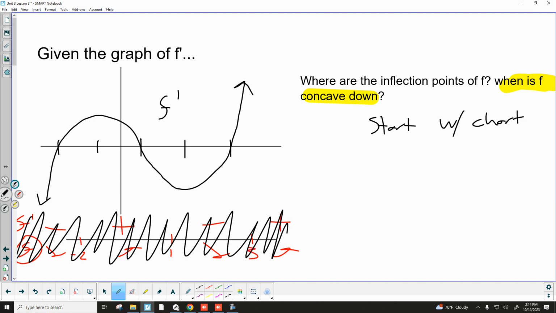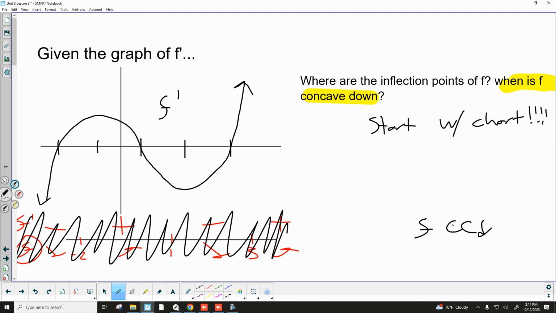That means f slopes are decreasing, f prime is decreasing, and f double prime is negative. Okay, this is my chart for when f is concave down. f is concave down when f prime is going down, or f double prime is negative.